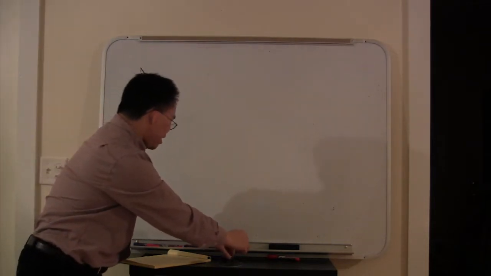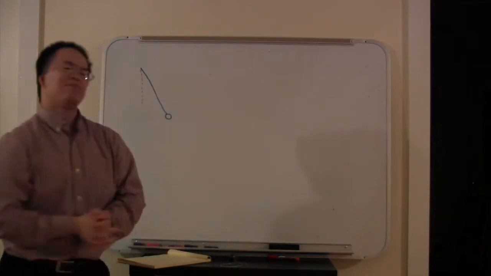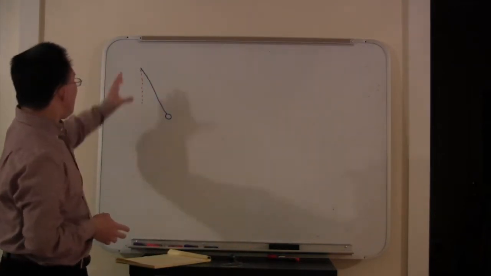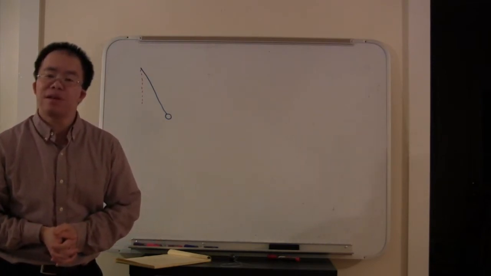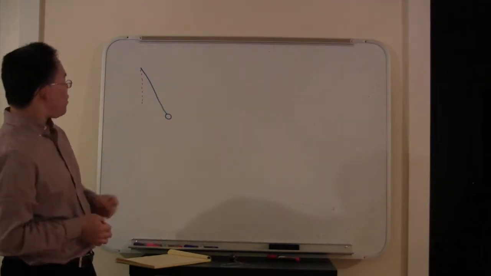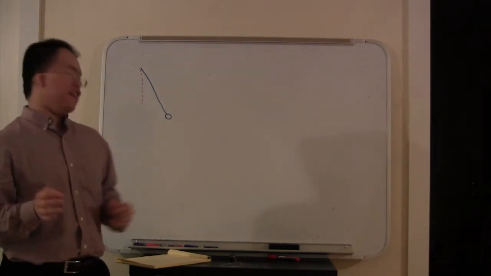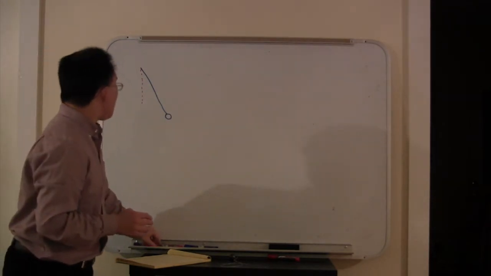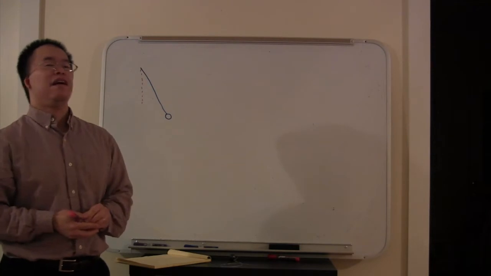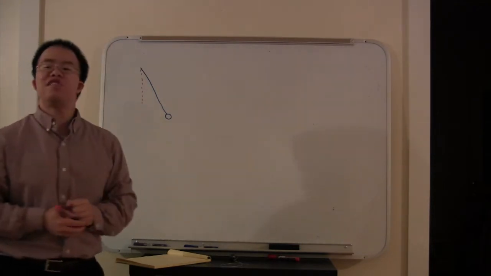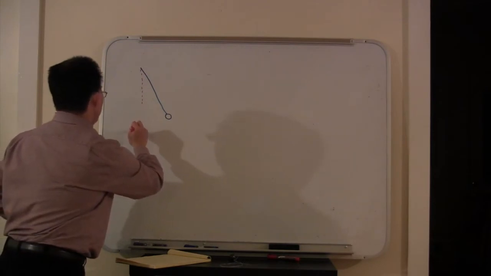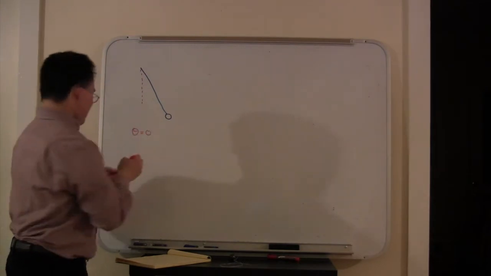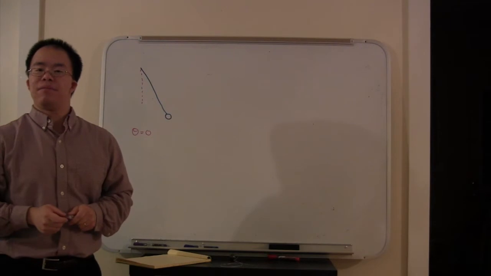So in order to analyze what's happening here, we're going to want to think about the forces acting on the pendulum bob, but it'll be helpful to establish some conventions. Let me establish that, by definition, theta equals 0 is vertically straight down.